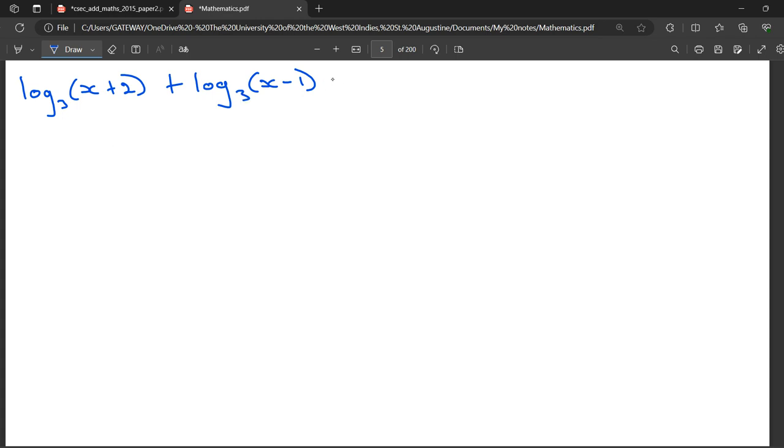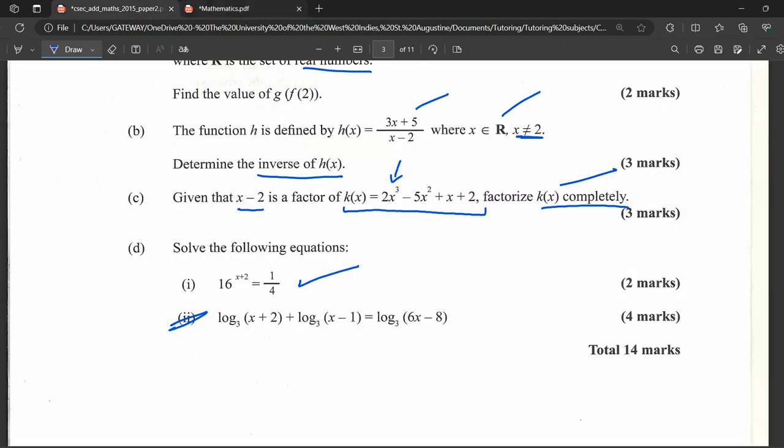So that will be equal to log of 6x minus 8 to base 3. Whatever we define, solve. When this is solved, we have to find the value of x.